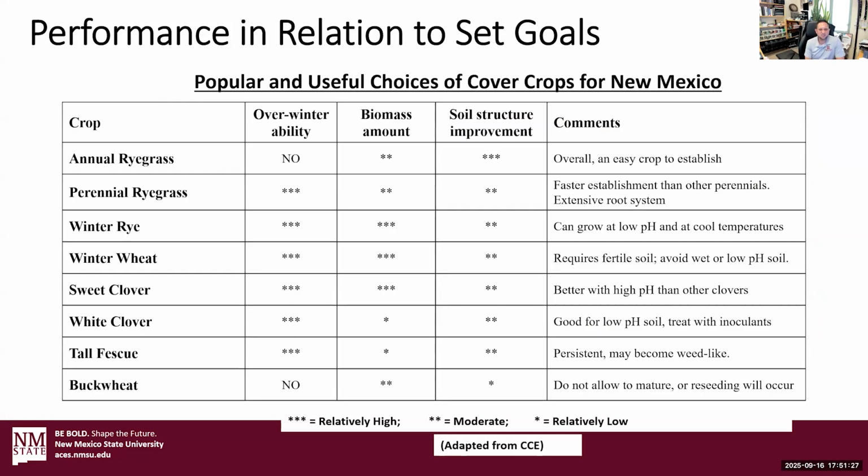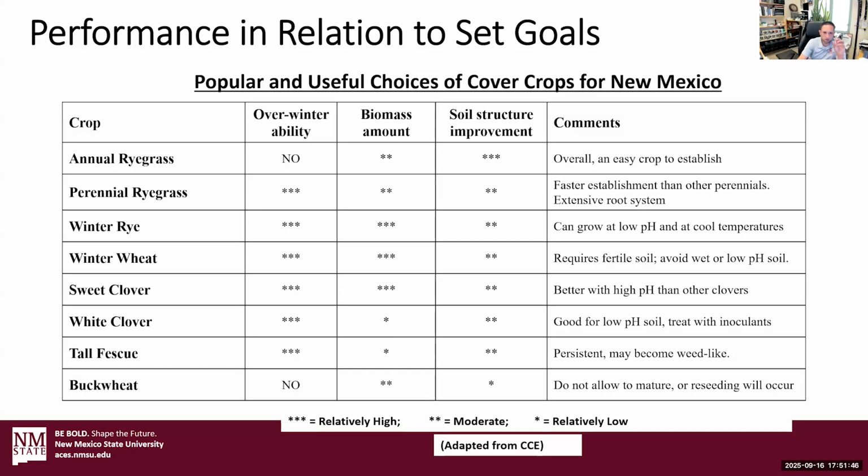And so here's a table with some popular and pretty useful choices of cover crops for New Mexico. We'll discuss these in a little more detail in further slides, but here's a good table for you to take home.